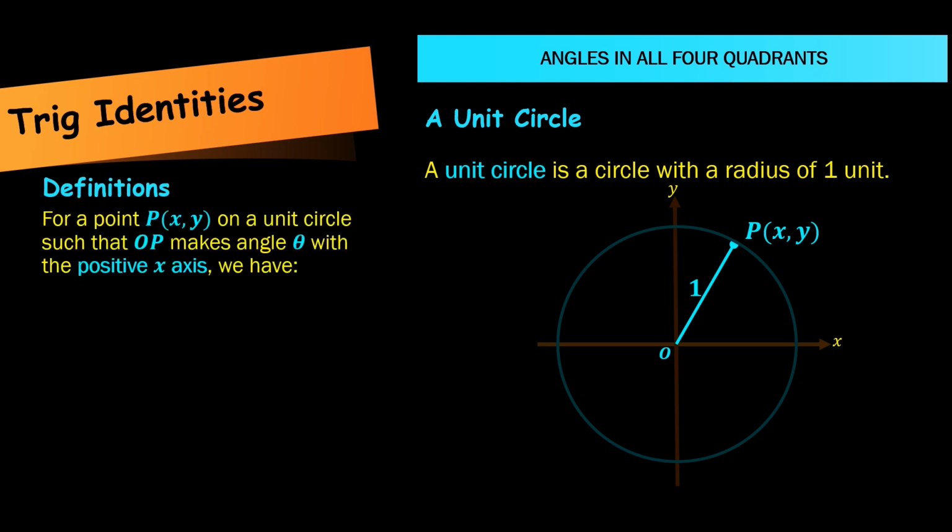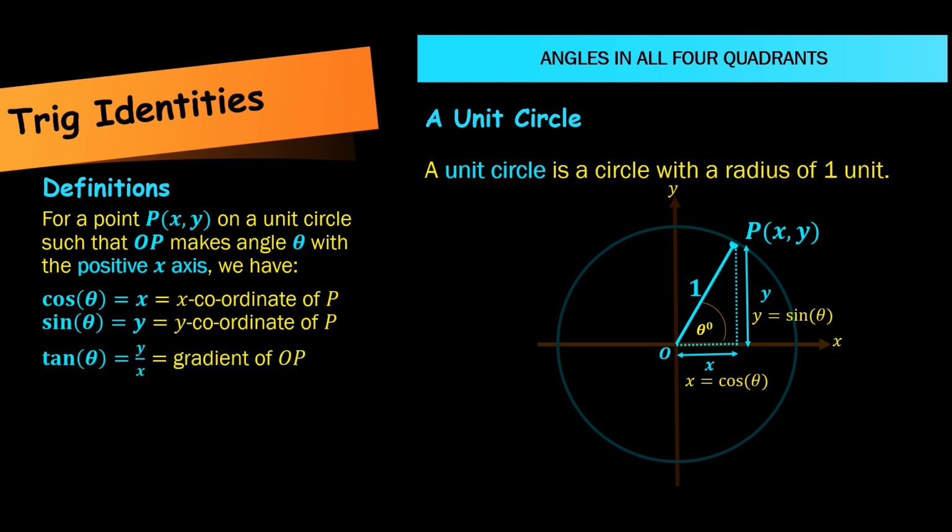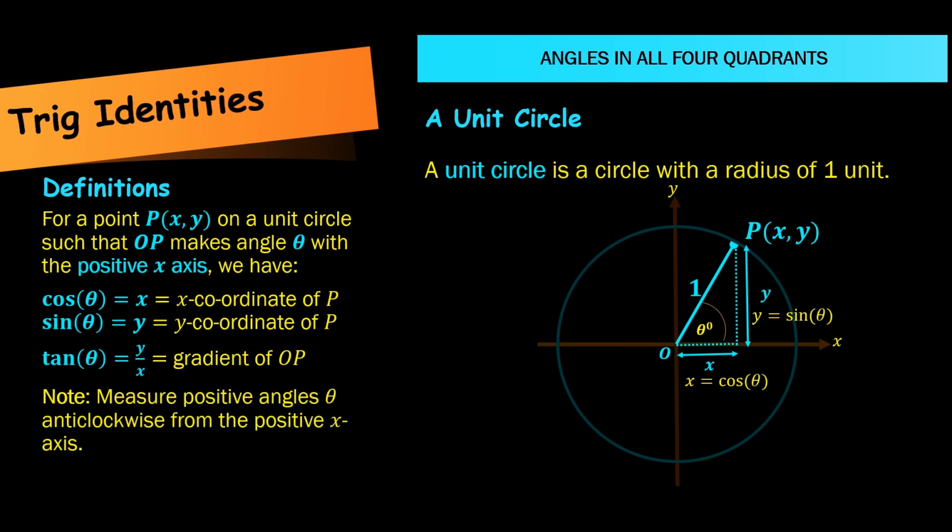For a point P on the unit circle such that OP makes an angle theta with the positive x-axis, we have that cos theta equals x, the x-coordinate of P, and sine theta equals y, the y-coordinate of P. We also have that tan theta equals y over x, the gradient of OP. Do note that we measure positive angles theta anti-clockwise from the positive x-axis.